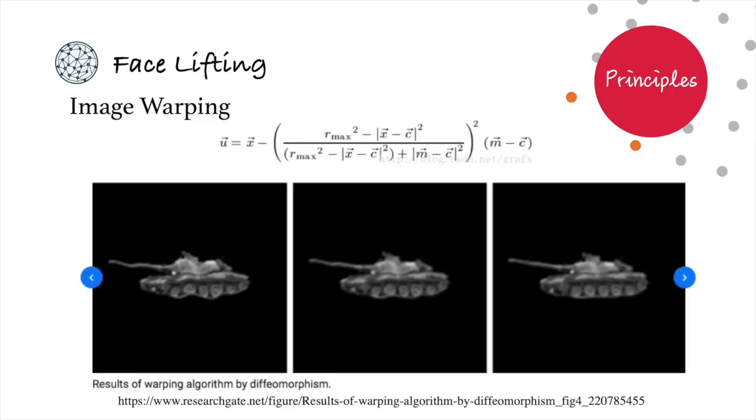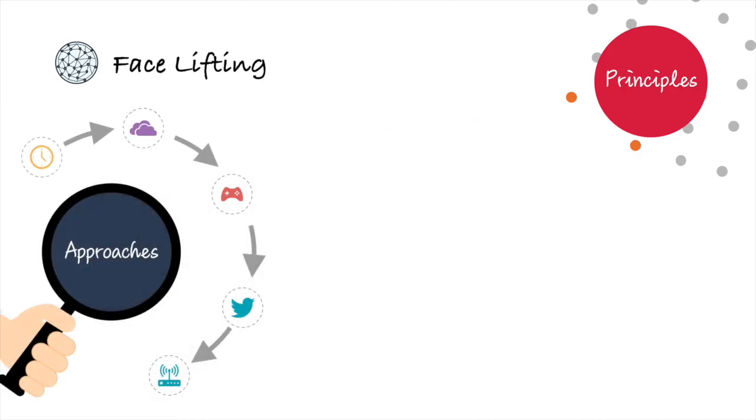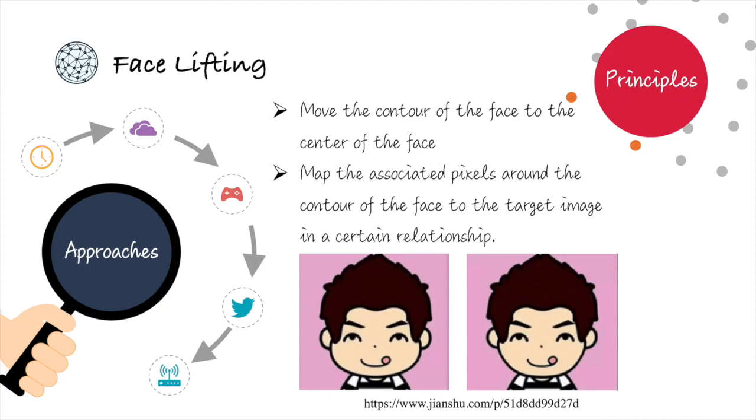This formula can be used to make a local warping effect, as shown in the figure. When we need to perform face lifting, we move the contour of the face to the center of the face and map the associated pixels around the contour of the face to the target image in a certain relationship.